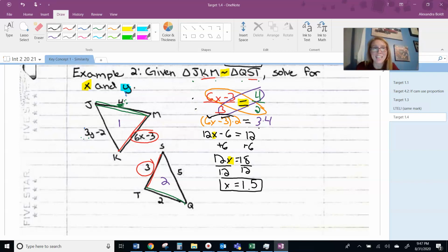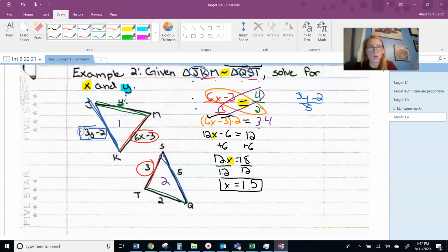Okay, now we need to solve for y. So we have this side over here. This is my side that has the variable I'm solving for. And that's this piece here, JK, and in the same spot is QS. Now again, I need to choose one other side.